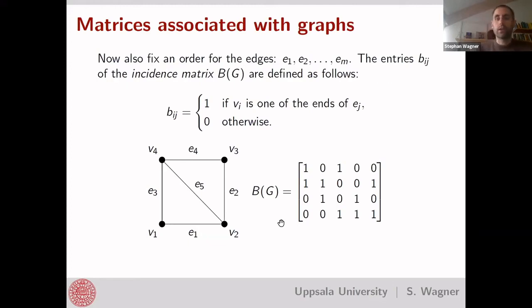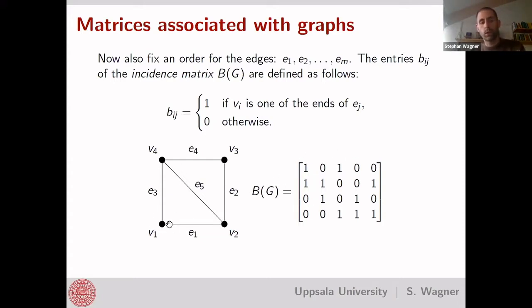A second matrix you can associate with a graph is an incidence matrix. So you also fix an order on the edges and define a matrix that's not a square matrix, but rectangular, where the rows correspond to the vertices and the columns correspond to the edges. And you put a 1 whenever the vertex is incident to the edge.